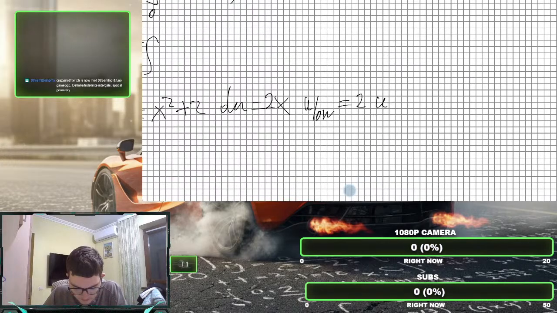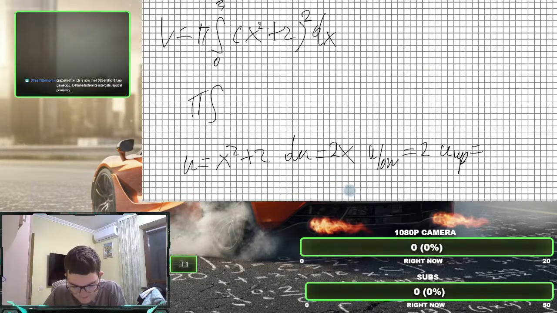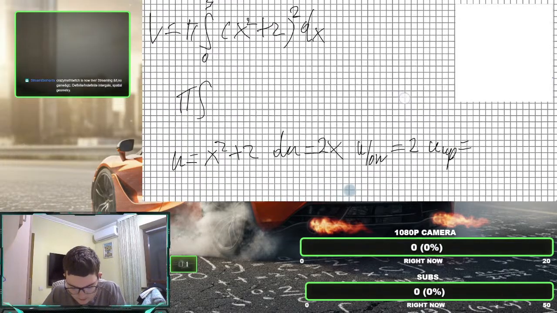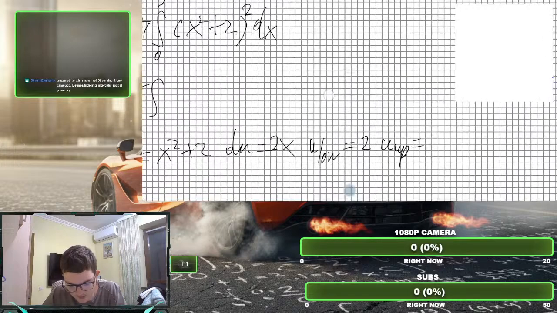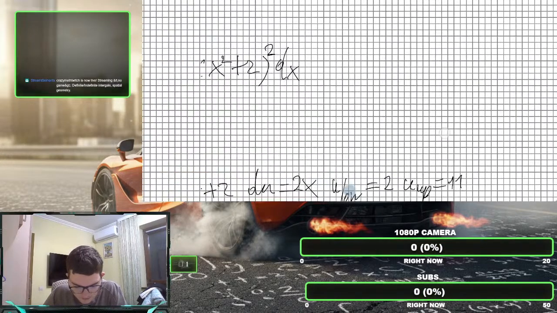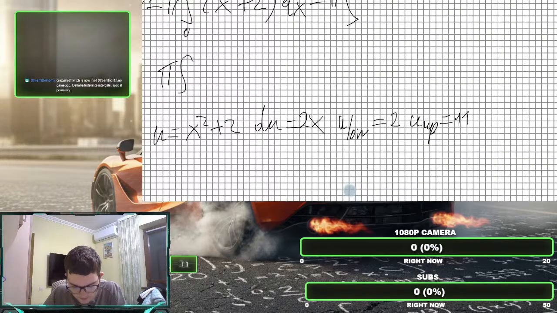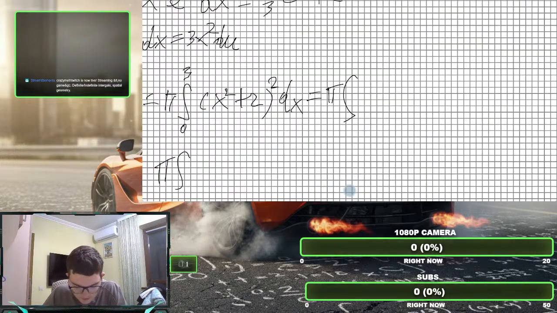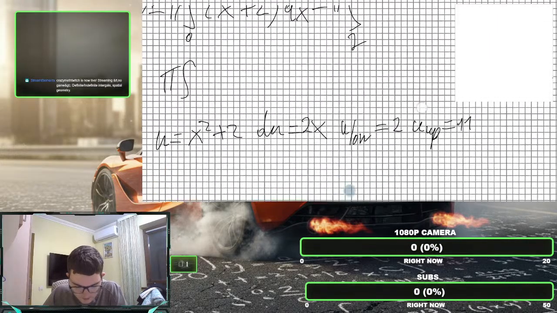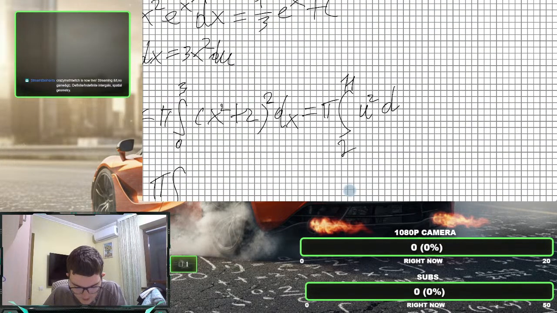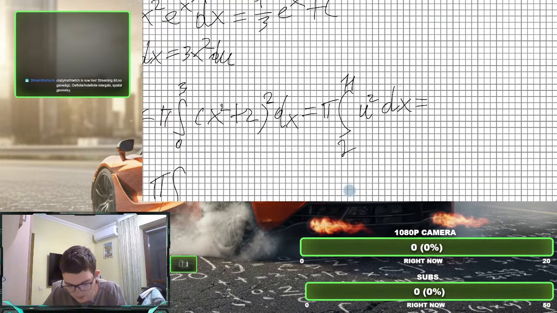Upper, well, there's 3, right? And 3 to the second power, that's 9. Plus 2, that's 11. So I have pi integral from new values 2 to 11. And there's u to the second power dx.